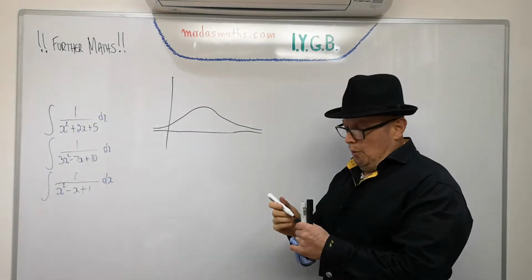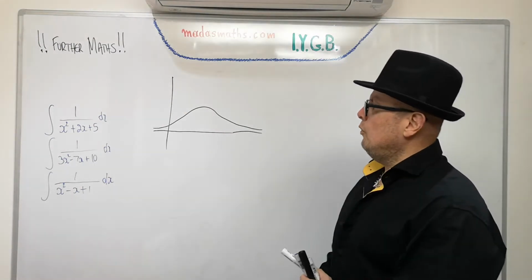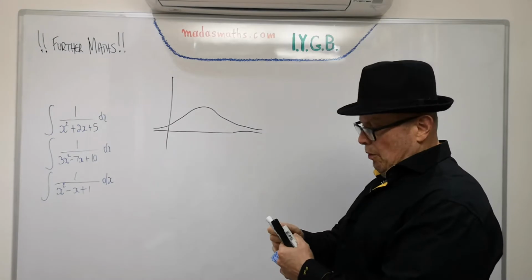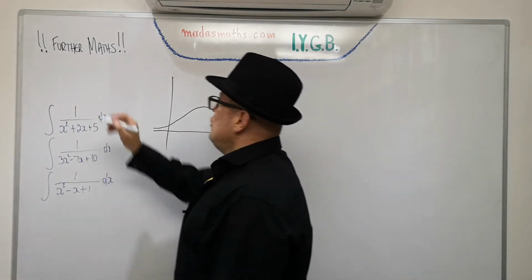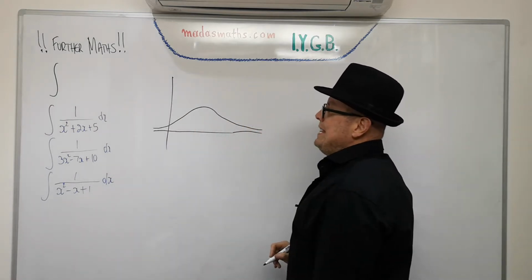Okay, so we're going to do it with a definite integration, and rather than finding any of these, which of course are not that difficult to find, we're going to look at a more general problem. We're going to actually try to find the integral in terms of a, b, and c.